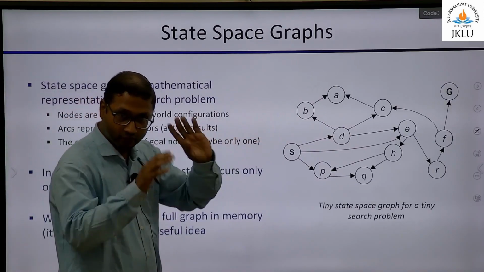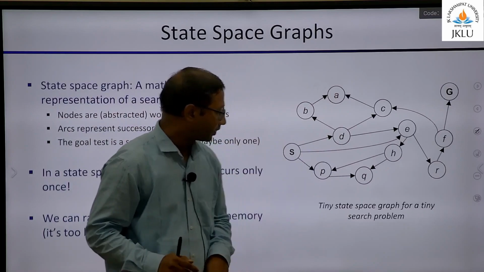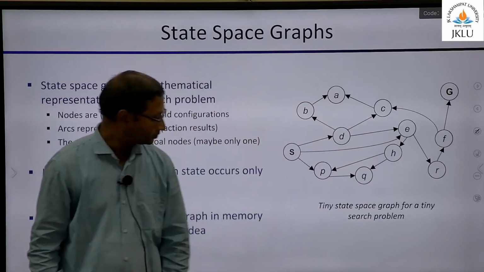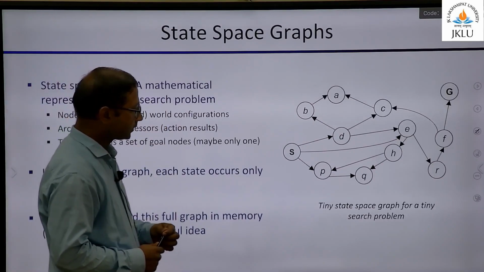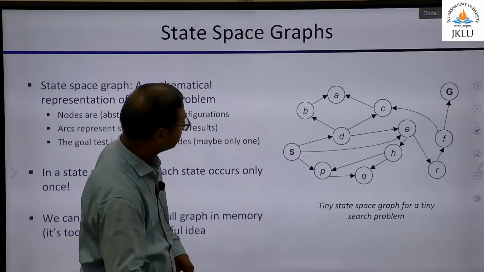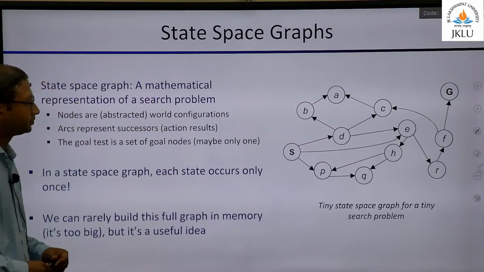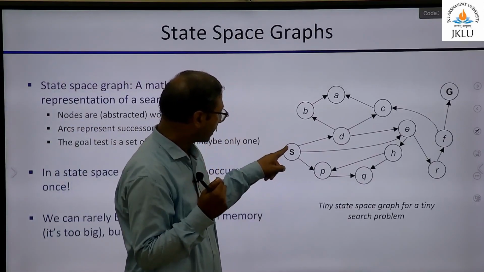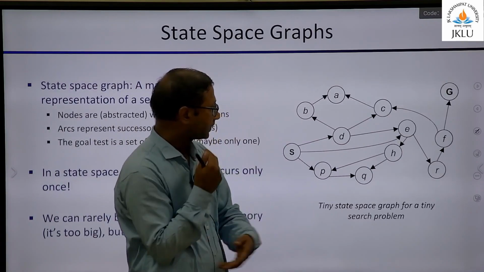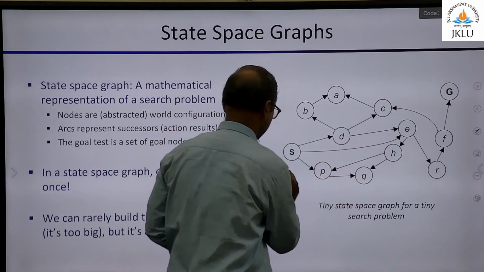The problem changes. We are not talking about Pac-Man anymore. This is our problem. So what are we getting in this? You start from here and this is your goal. So this is your start.